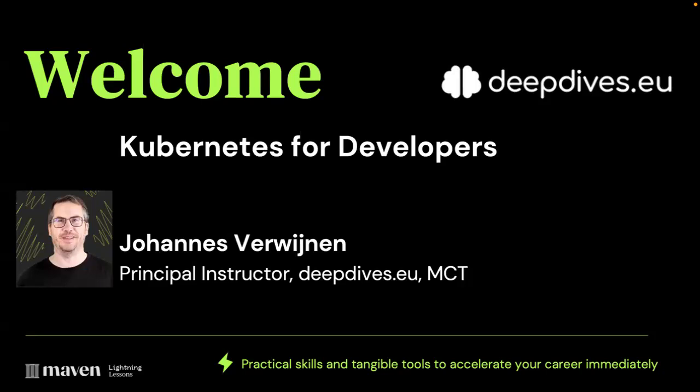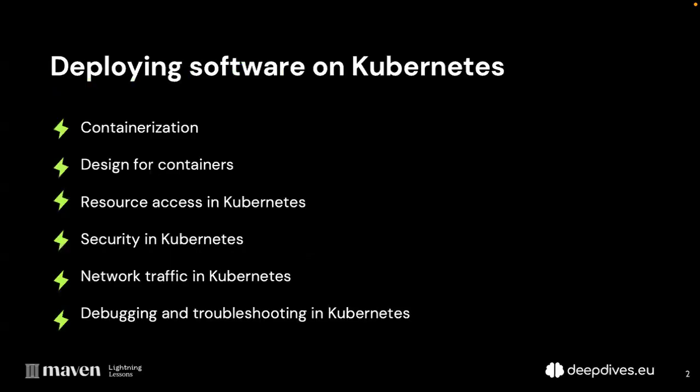So just a quick view into what to expect from Kubernetes from the point of view of developers. We're going to go through six different points that might be of interest for a developer. We're going to start off with a quick intro into Kubernetes in general, and then talk about these six different parts.